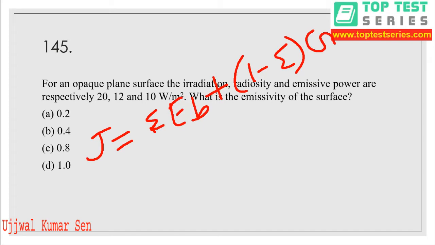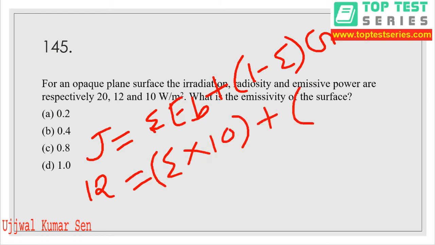Alright, J is equal to what, my dear? That is radiosity, which is given as 12, equal to epsilon, we have to find out epsilon, times emissive power, which is 10, plus 1 minus epsilon multiplied by G, that is irradiation, which is 20. Now we have to solve this.